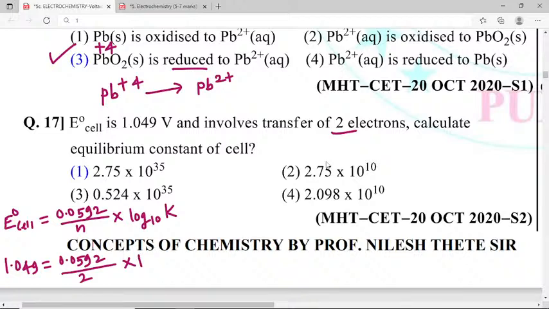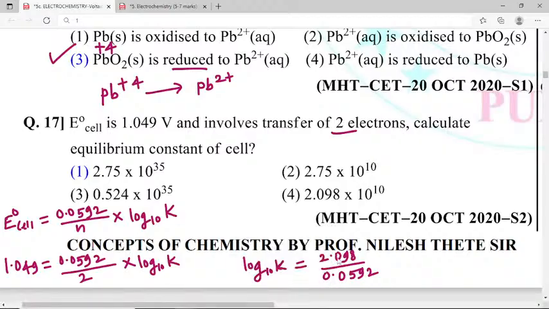Multiply by log to the base 10 of K. So log to the base 10 of K is equal to 2 multiplied by 1.049, so this is 2.098, and this whole divided by 0.0592. Okay, get it?